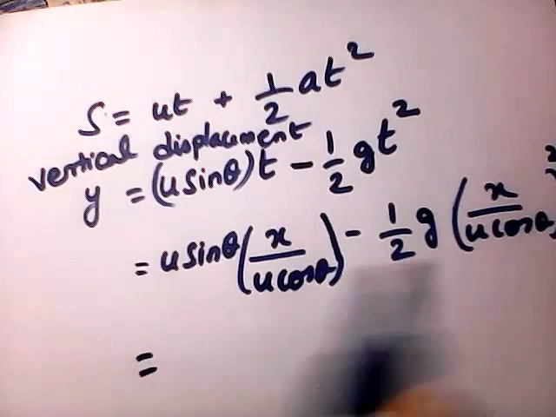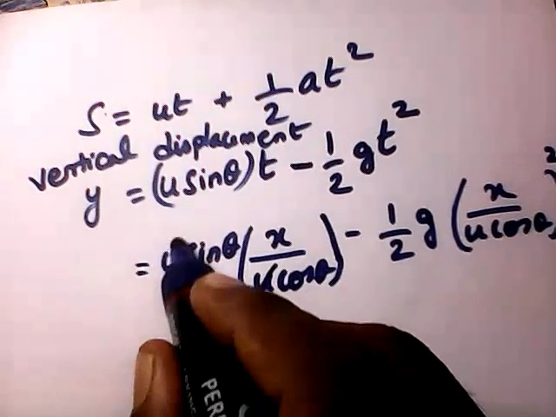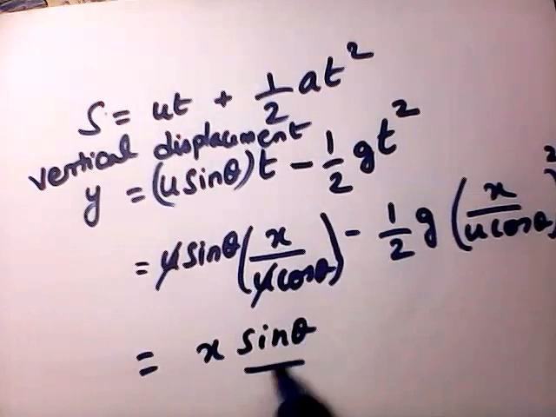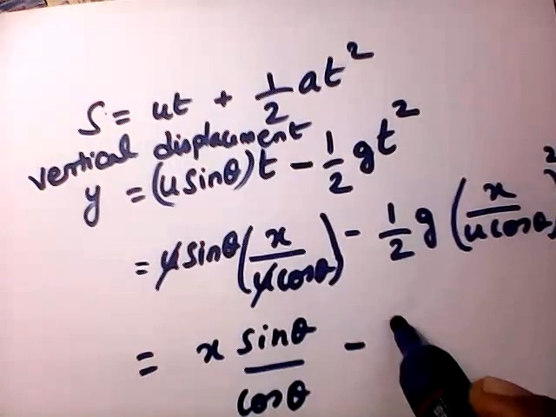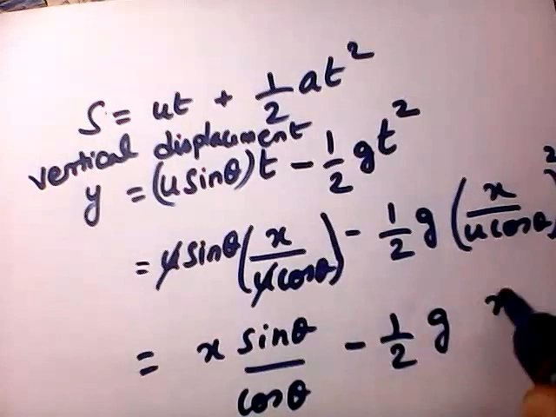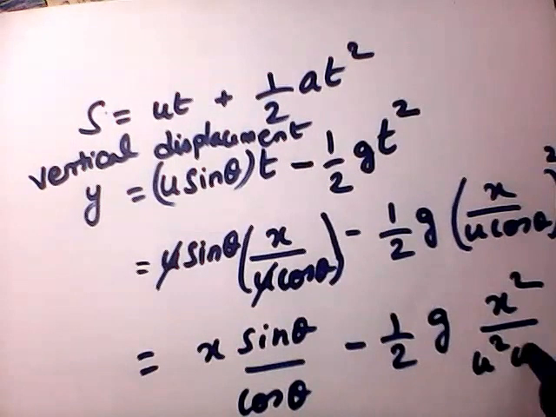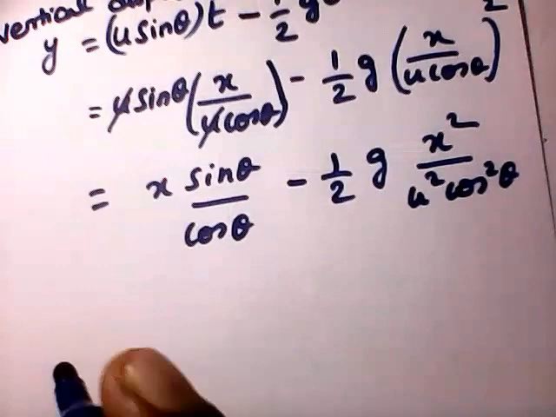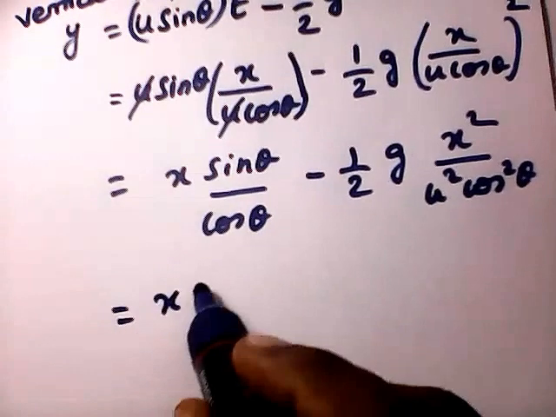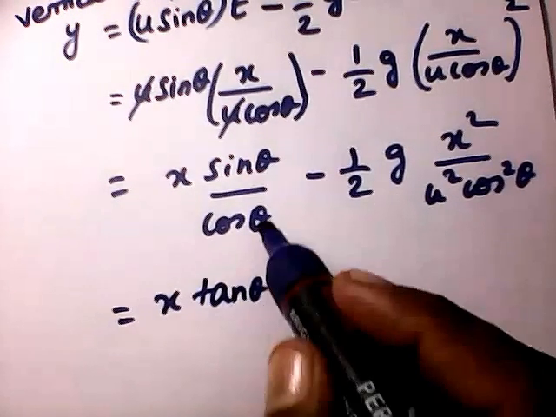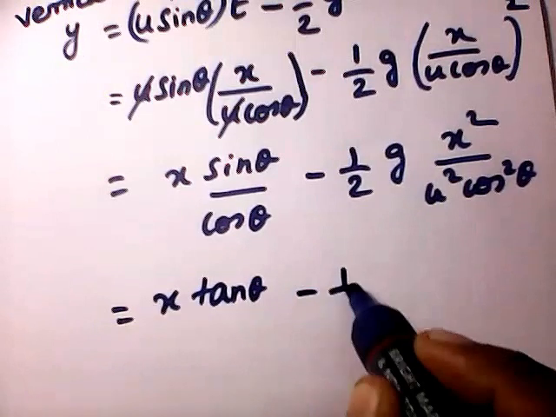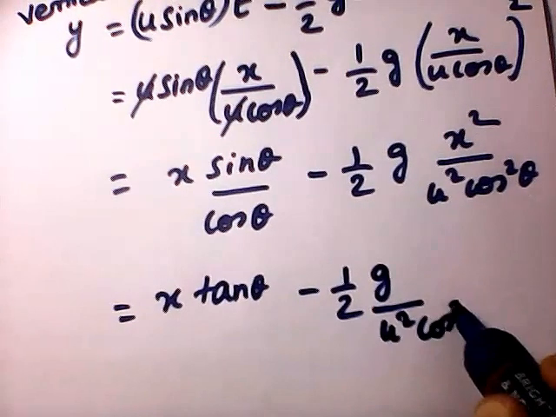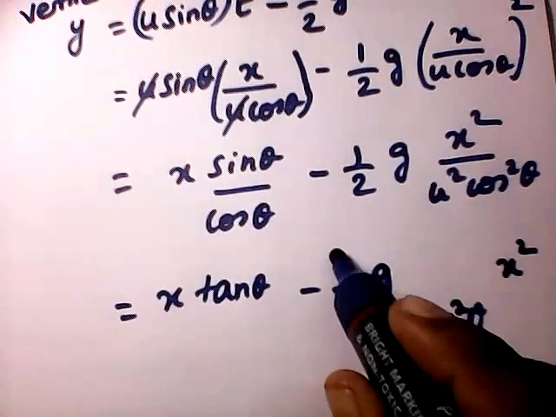So here u will get cancelled. Finally you will have x sin theta by cos theta minus half g x square by u square cos square theta. Now the x term is x tan theta, because sin theta by cos theta equals tan theta, minus half into g by u square cos square theta into x square.